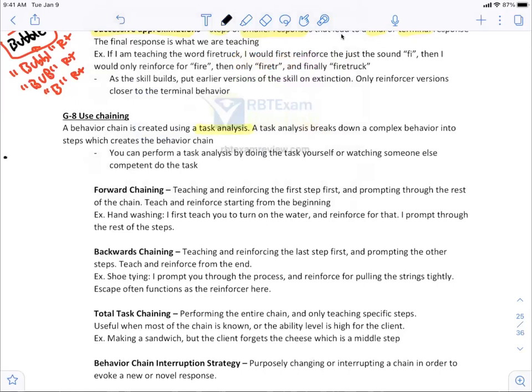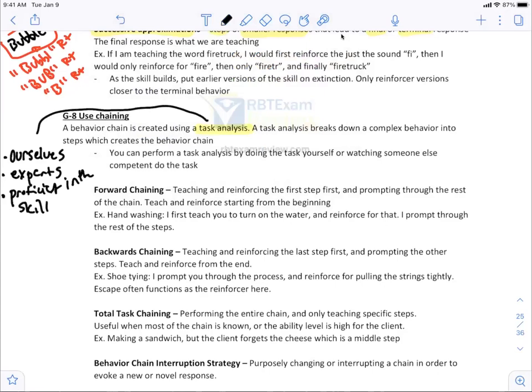We can look at ourselves, okay, for that task analysis. We can look at experts of that, or we can look at other people proficient in the skill.